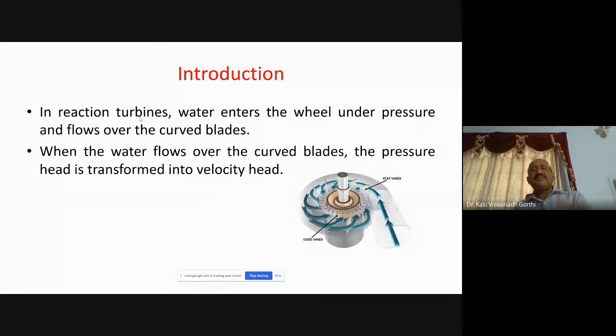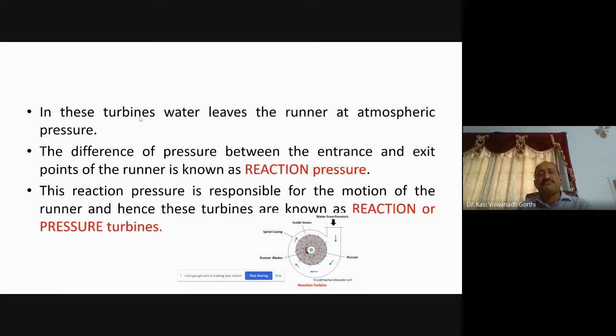Whereas in the case of a reaction turbine, water enters the wheel under pressure and flows over the curved blades. When the water flows over the curved blade, the pressure head is transformed into the velocity head. So there will be a transformation of energy as the water flows over the surface of the vanes. In these turbines, water leaves the runner at atmospheric pressure.